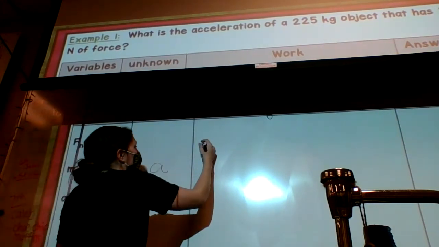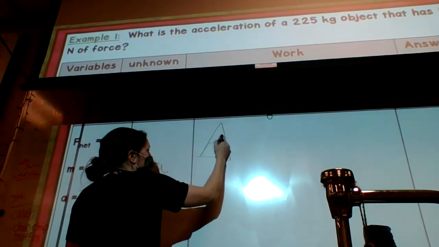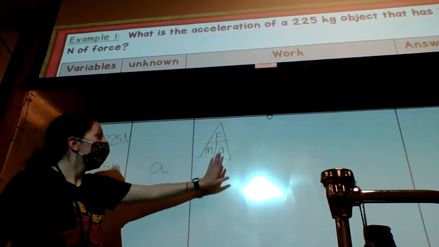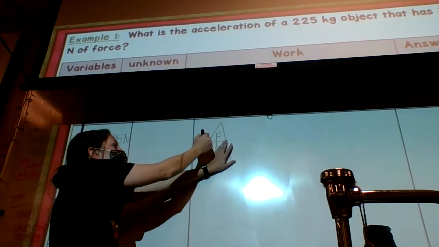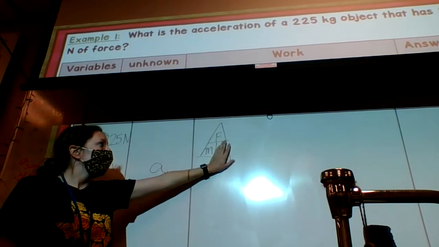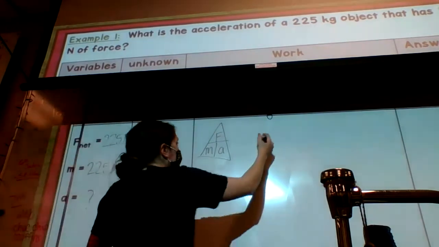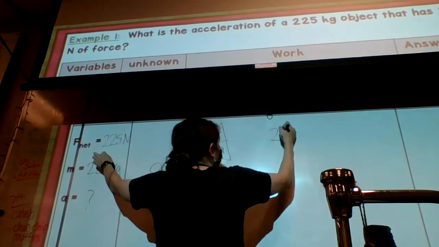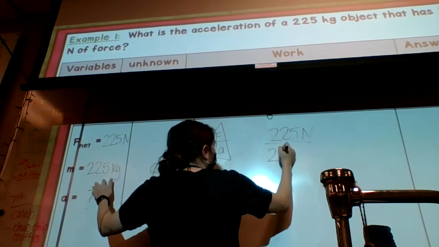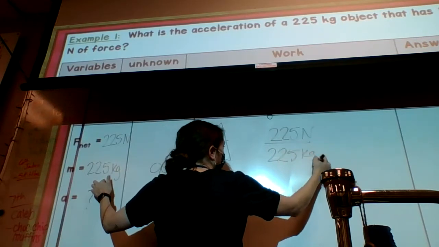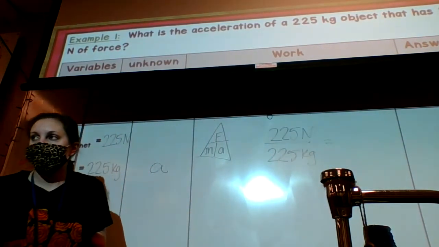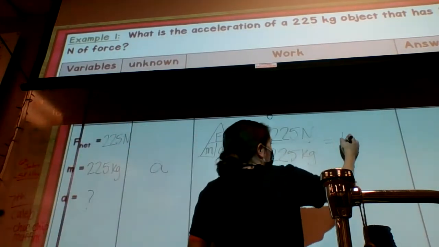If I put my triangle up here, I'm looking for A. What am I going to do with F and M? Divide. Which one goes on top? F. So F is 225 newtons, divided by mass, which is also 225. What's 225 divided by 225? 1.